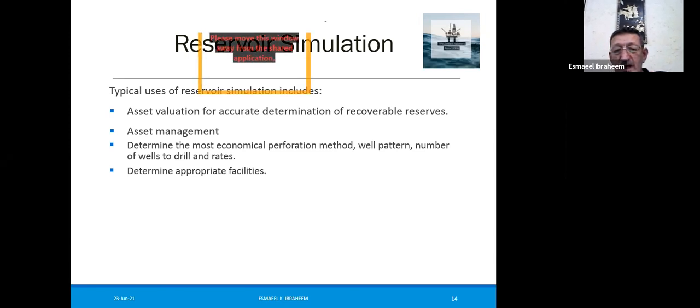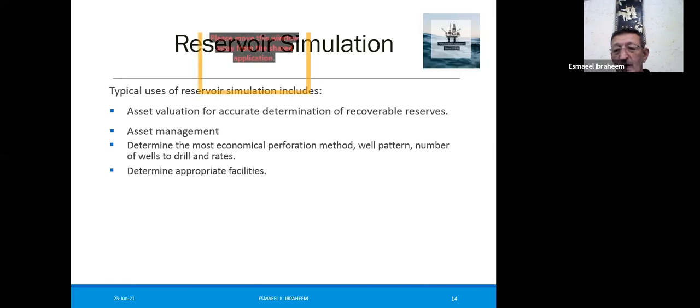You can also do asset management, which means knowing the hydrocarbon quantity and how to use it, in what position and in what situation, where to produce more and where to produce less. It helps determine the most economical perforation method, where to perforate.